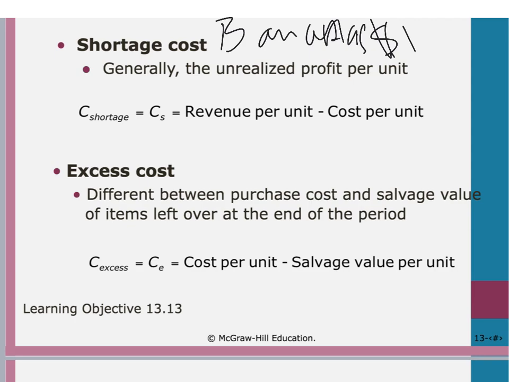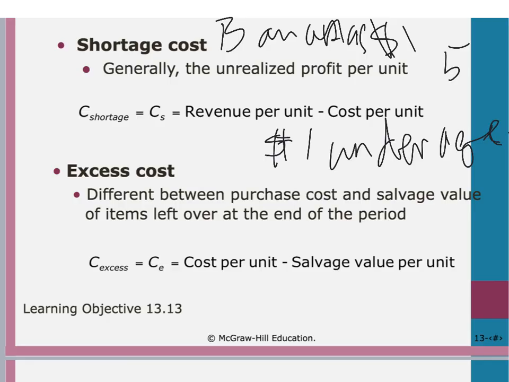If I'm out of stock, I buy 5 bananas every day, and if I sell out all my bananas by, let's say, 8 o'clock, and somebody comes to buy a banana, every time somebody doesn't get the banana they want, I'm losing a $1 sale. So that's my shortage costs or my underage costs. I buy 5 bananas every morning to sell. I sell them for $1.